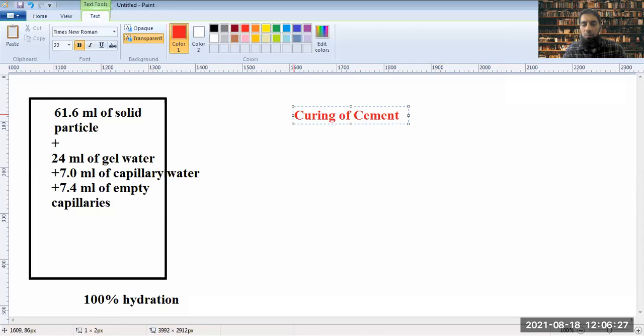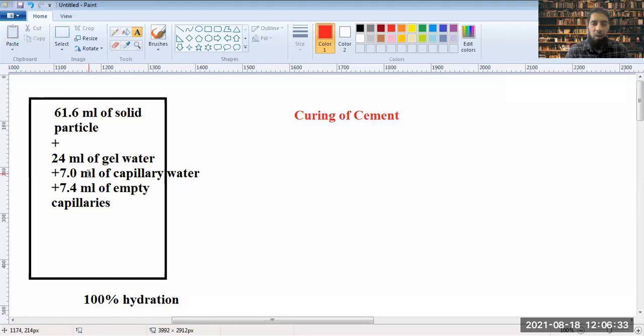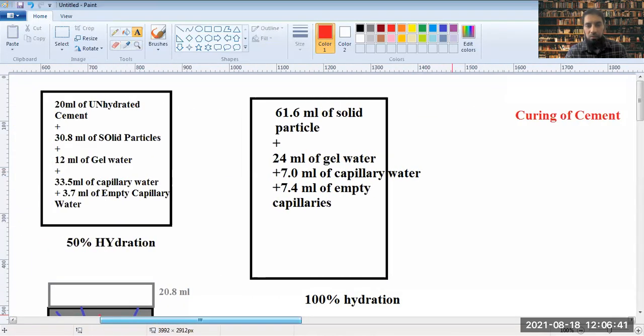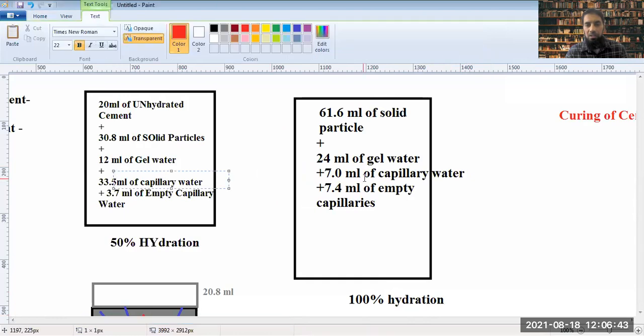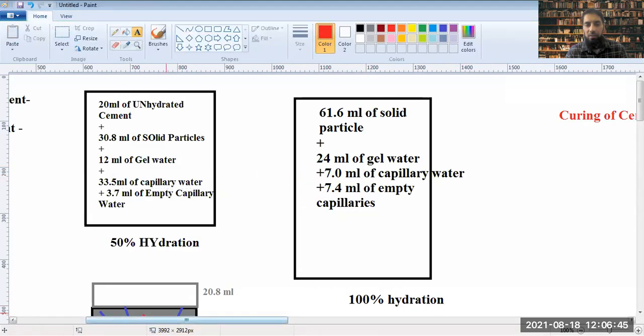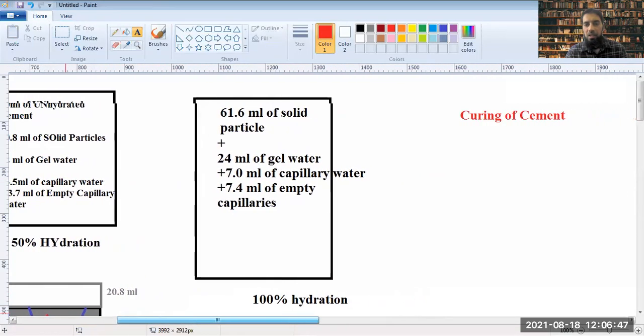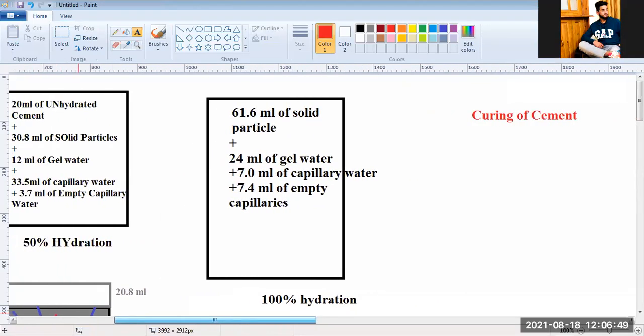Why is it so? Because the water is already present inside, why do we add water from outside? The reason is that the capillary water is actually evaporating. This capillary water was 33%, and it has decreased to 7%. So that is actually evaporating.